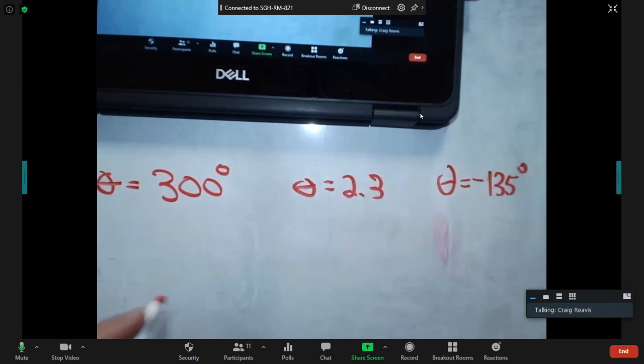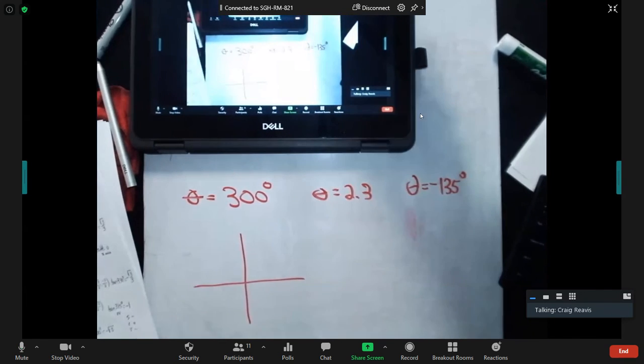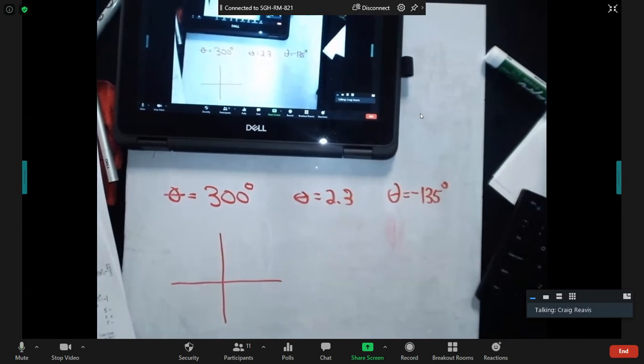Okay, now let's look at 300 degrees. And I'm going to have to raise this back up so we can see what's going on. Okay, 300 degrees would be about right here, somewhere right in here.